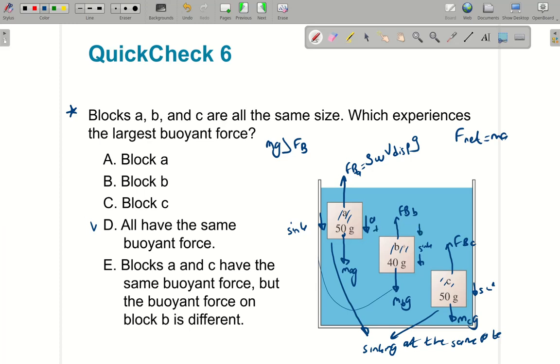And find those accelerations. A and C will be accelerating more than B because their weight is way larger than FB. That would be the difference.